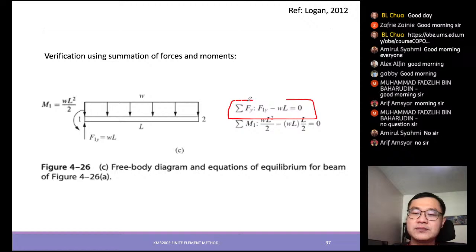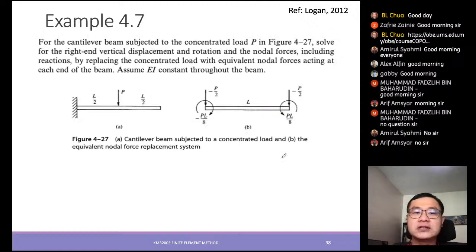Same thing for example 4.7. You can not only use the distributed load, but in this case they apply a concentrated load at the middle. As we say, if we want to apply a load, it must be on a node.